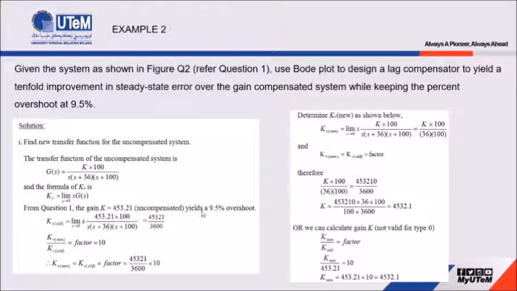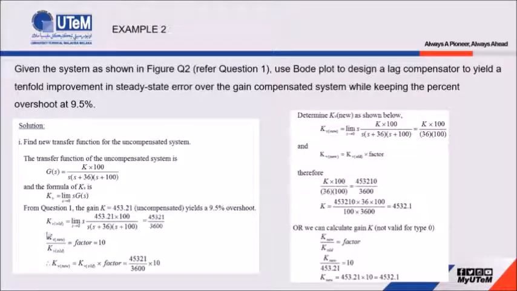In order to keep the overshoot at 9.5%, we put K equal to 453.21, as we calculated in the previous example. After we put K in this equation, the result becomes 45321 divided by 3600. This is what we consider the old value of Kv.